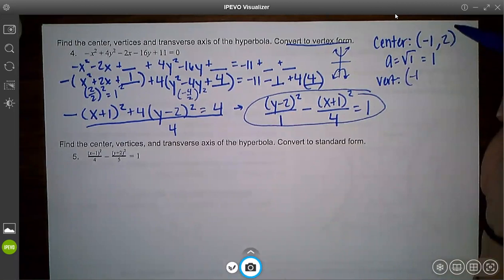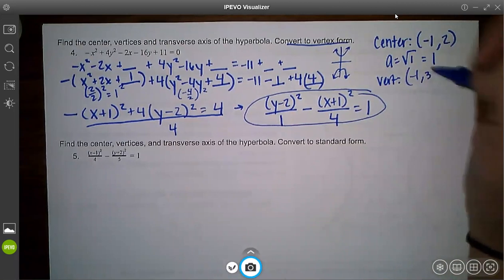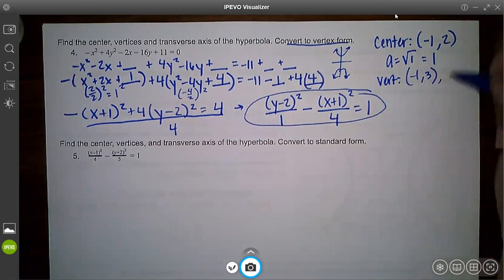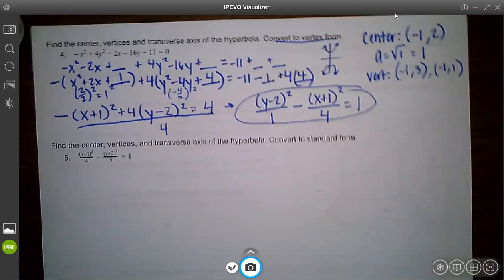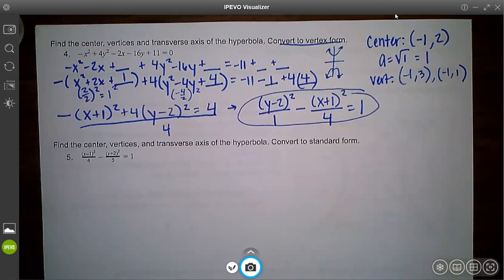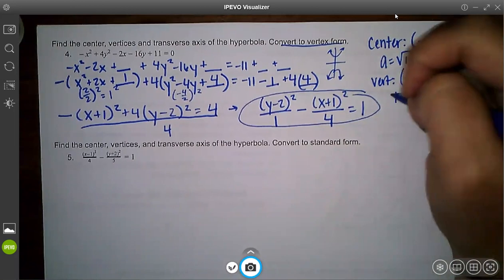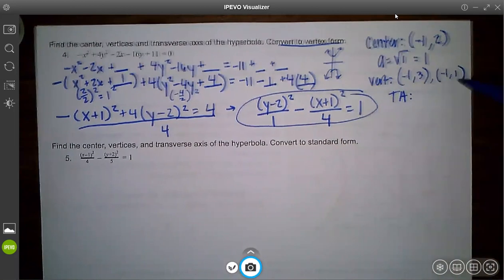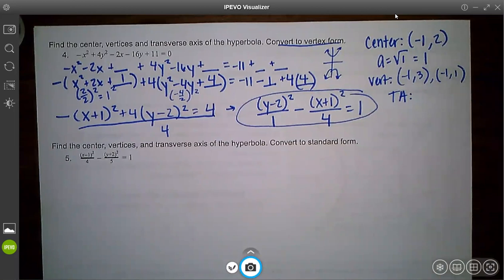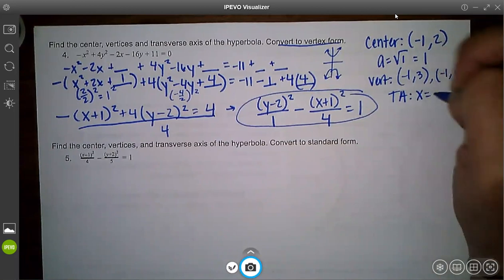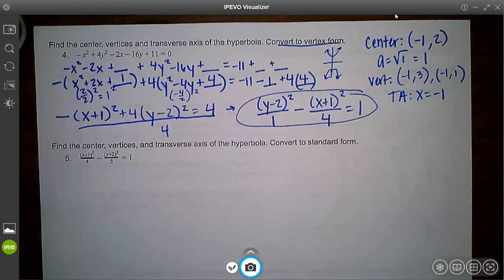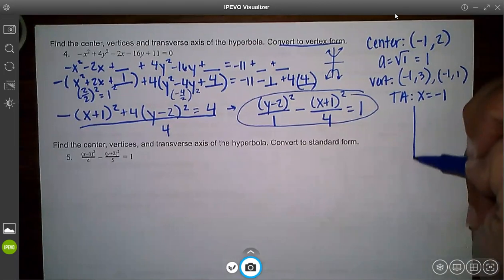If I go up 1 from here, it'll be negative 1, 3. If I go down 1 from there, it'll be negative 1, 1. And then my transverse axis is the one that's the same between my center and my vertices, so that's x equals negative 1. Then I'm going to graph it.